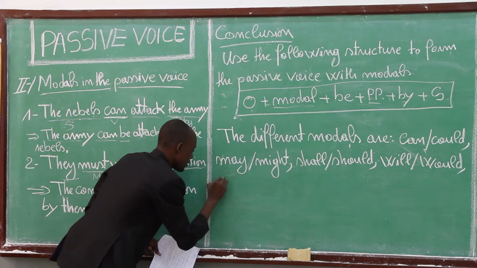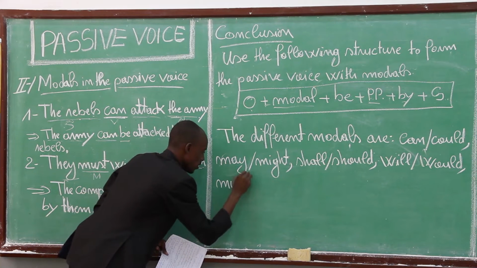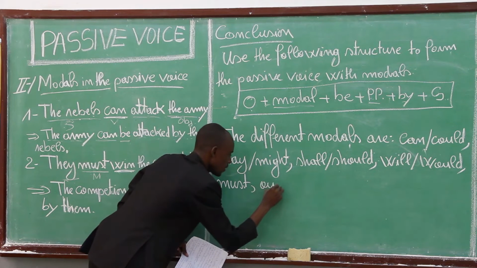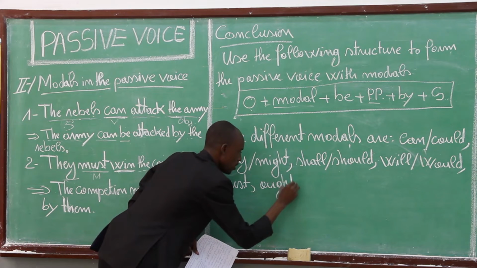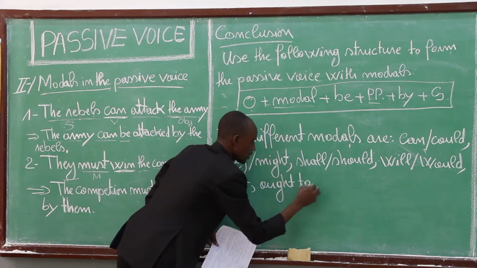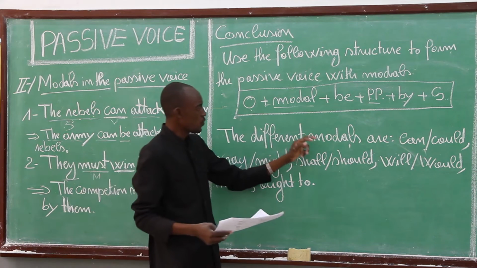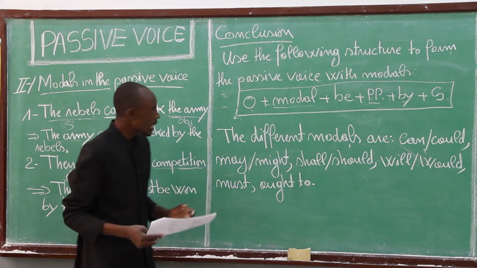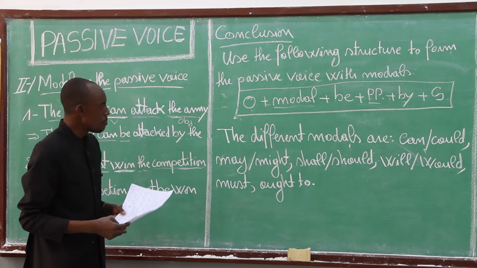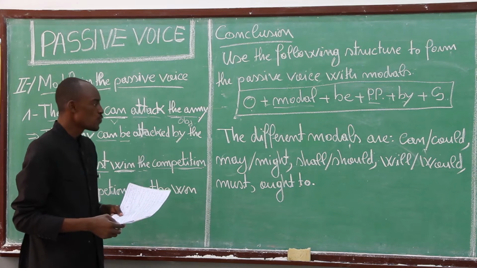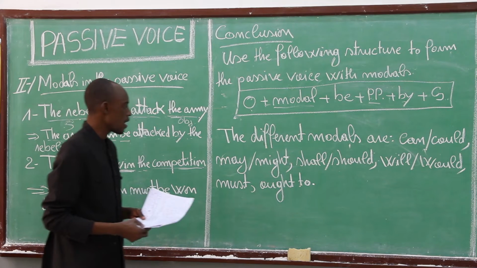We have must. We have ought to. Yes, good. The different modals are can, could, may, might, shall or should, will, would, must, ought to.